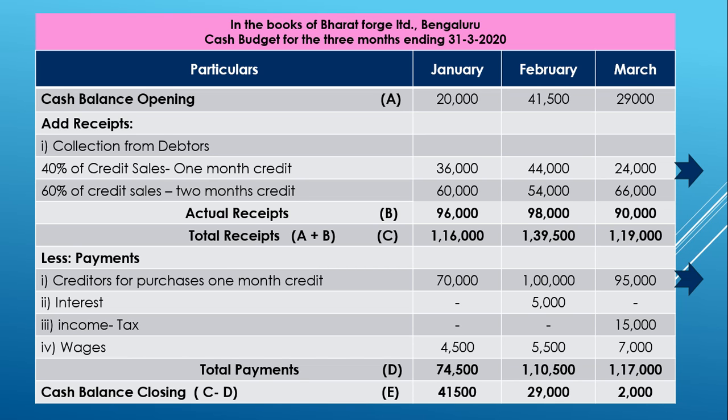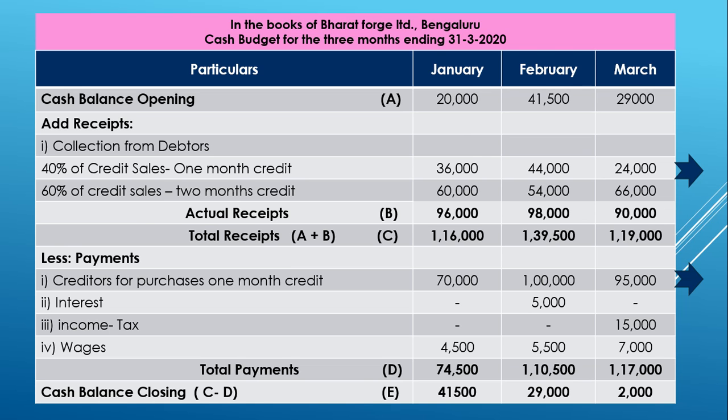Now the closing balance of one month will be the opening balance of the next month. Hence the closing balance of January will be the opening balance of February. So you can see here for February there is an opening cash balance of rupees 41,500. Again, in the same way we will add this 41,500 to the receipts, and there will be total receipts of 1,39,500, from which we deduct the payments of 1,10,500, and at the end we will get the closing balance of 29,000.